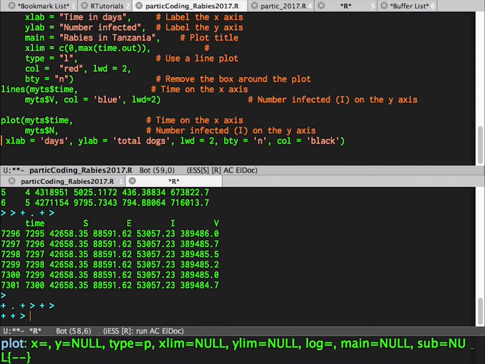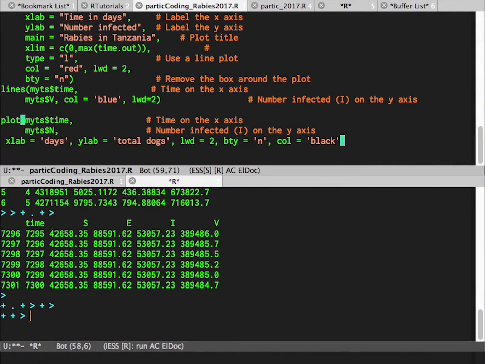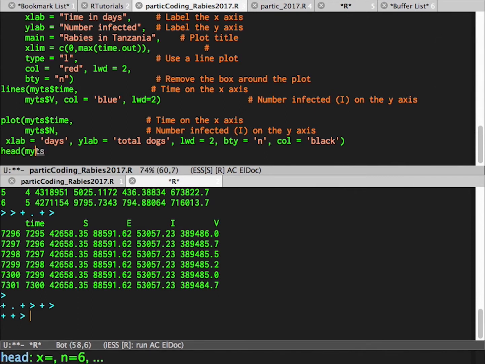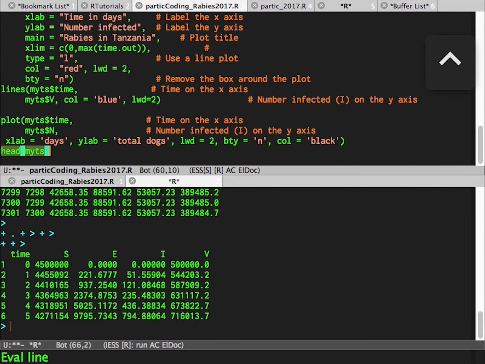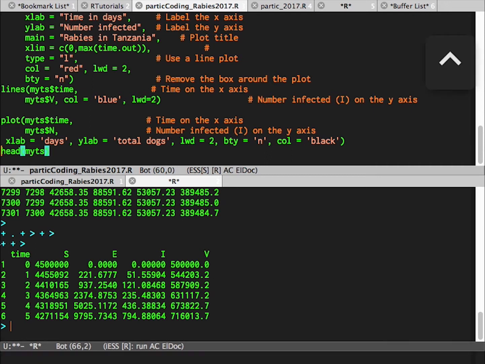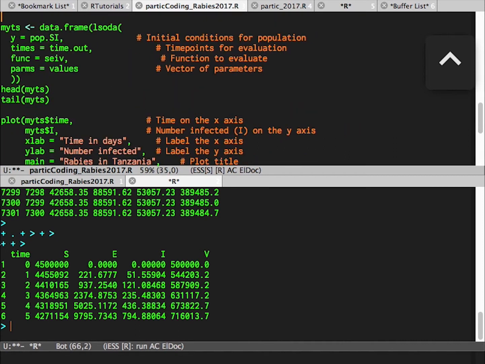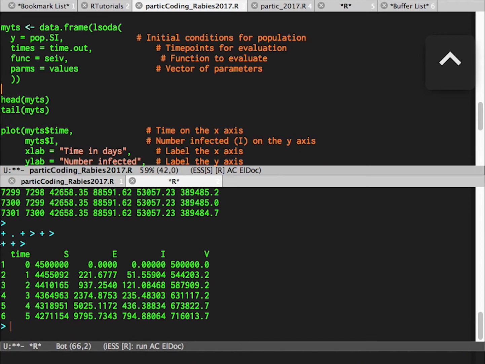Did I do this right? I don't think I did. We don't have a variable called n, so I'm not actually sure what R is doing. So I'm going to define n right over here.